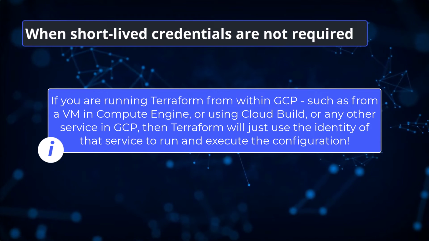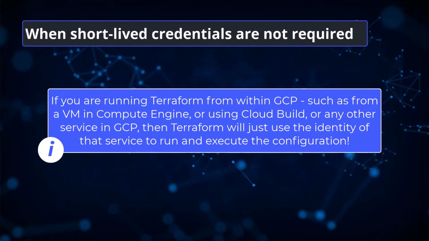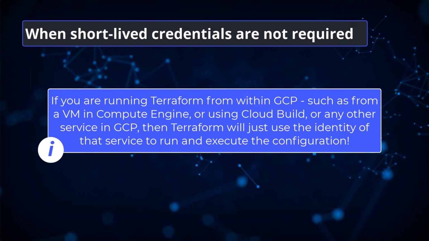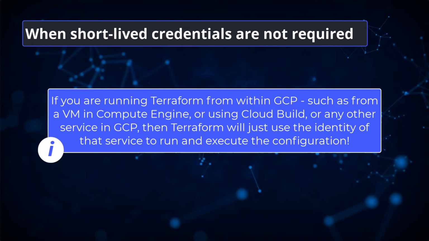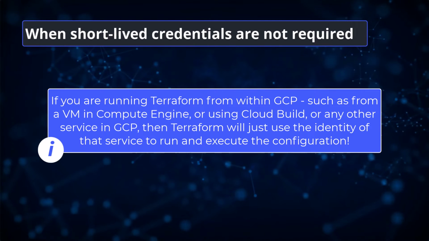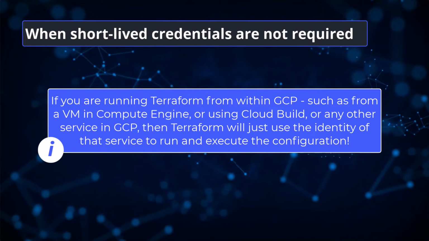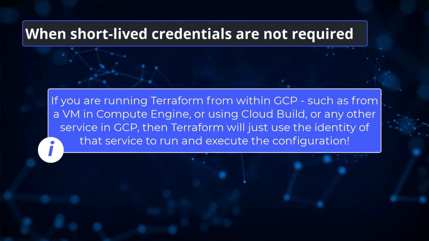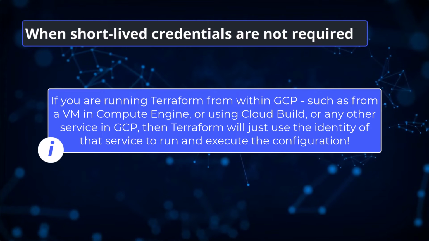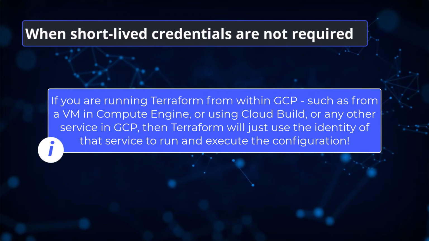You see, when you run Terraform from a VM in Google Compute Engine, for example, that VM instance has a service account attached to it. You can simply grant that service account whatever required roles and permissions for your Terraform to work.